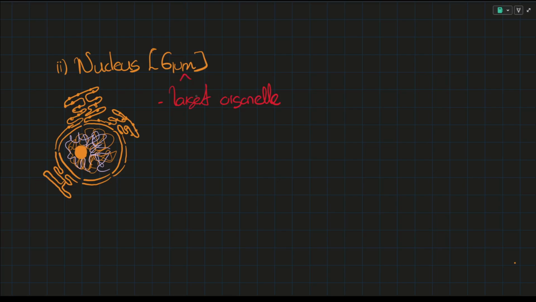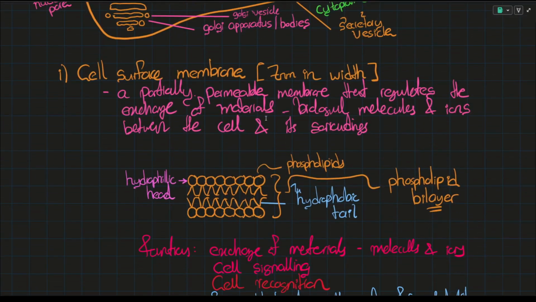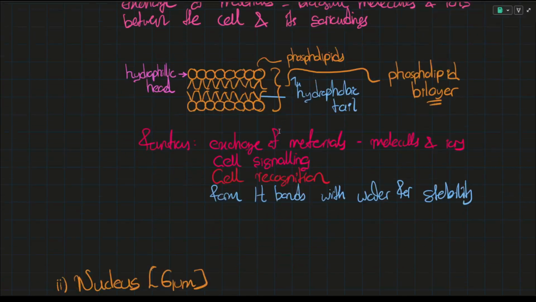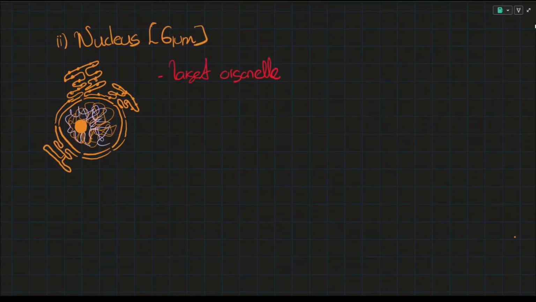That's why it's 6 micrometers, not 6 nanometers. In comparison, remember the cell surface membrane is very thin, 7 nanometers only. But here the nucleus is going to be 6 micrometers. Here, this is simply the largest organelle.